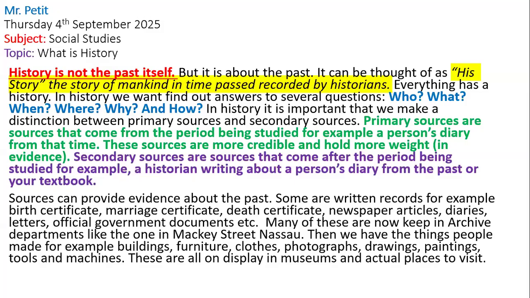So buildings, whole history, right? Artifacts, furniture, clothes, photographs, drawings, paintings, all those things hold history in them. And also you have the written record, like birth certificate, newspaper articles, diaries, and all those things.